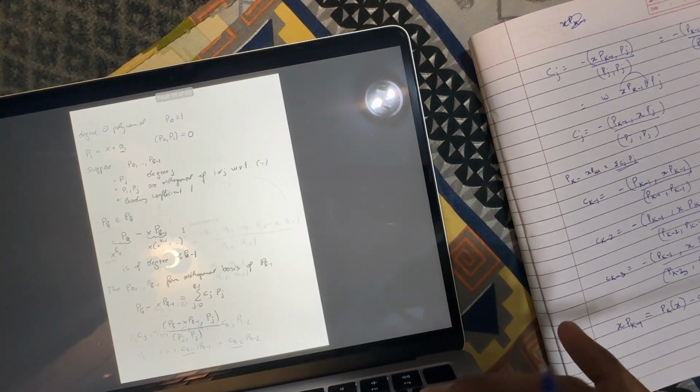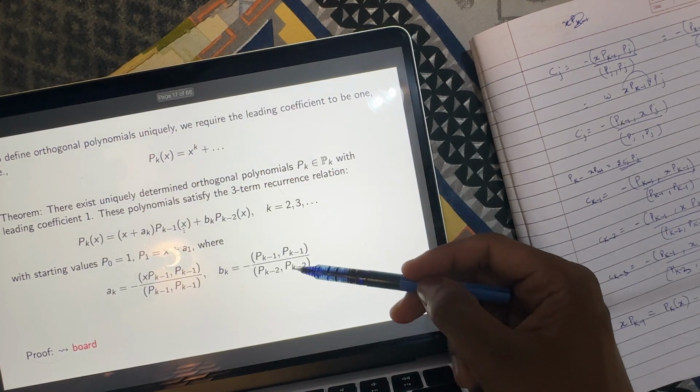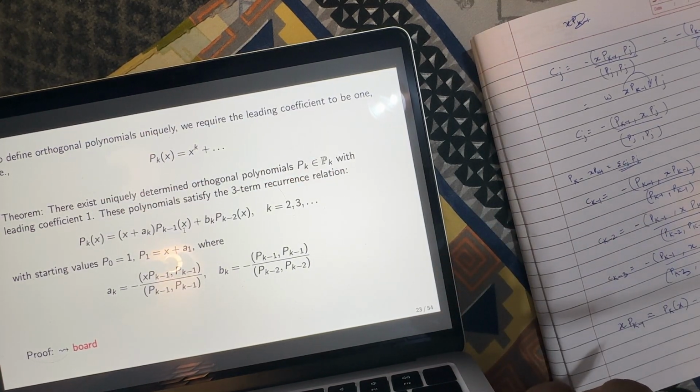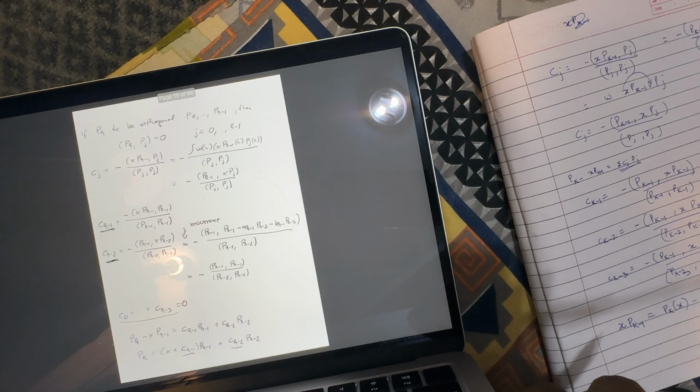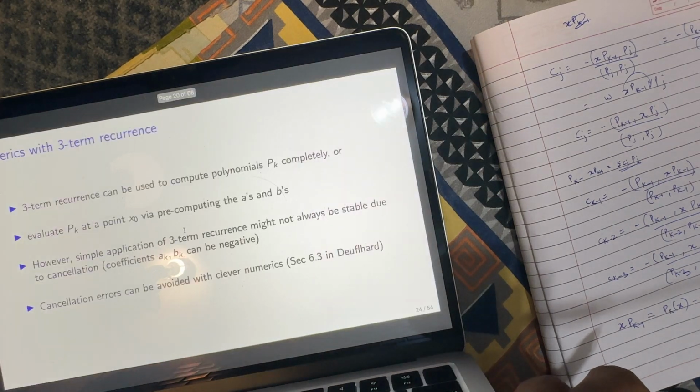Yep, perfect, that's what I think the coefficient is. So you assume it's true and it holds true, therefore it's true. Yeah, the three-term recurrence relation holds, sure.